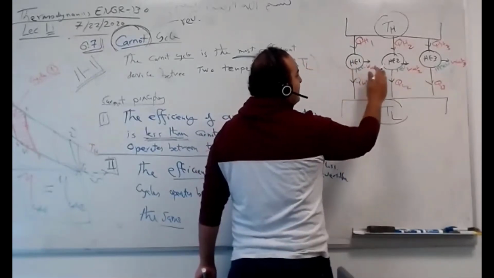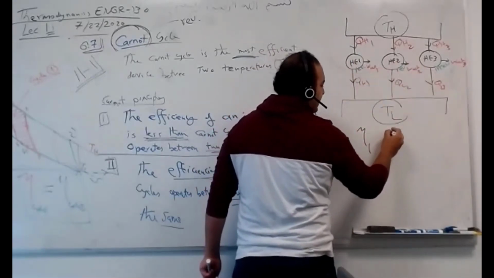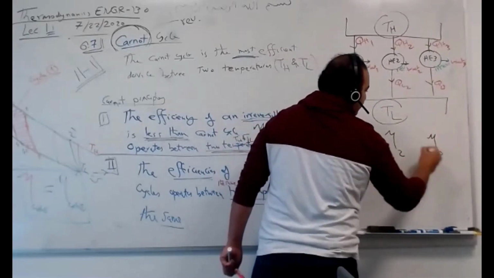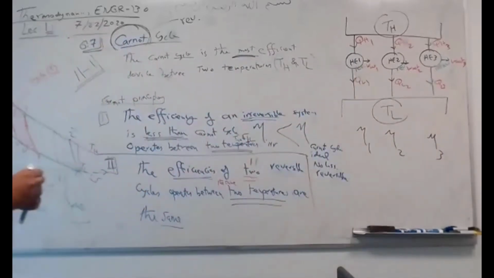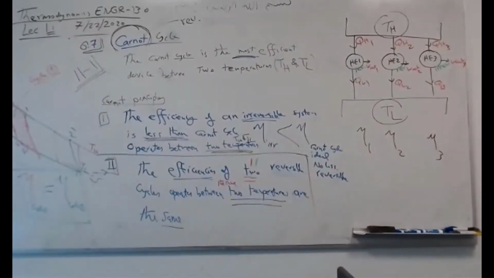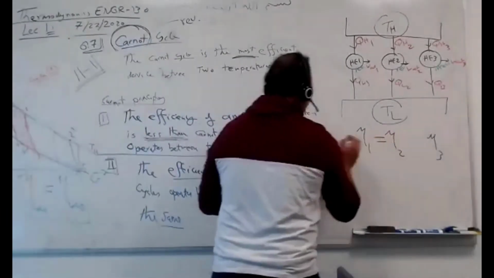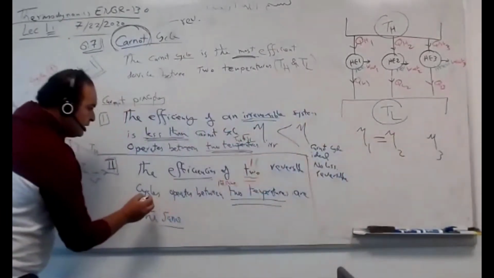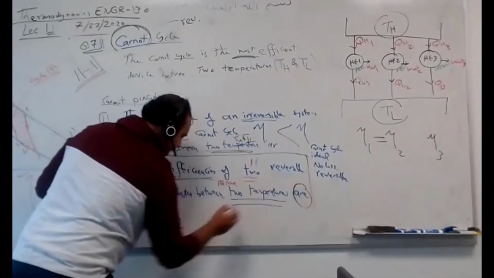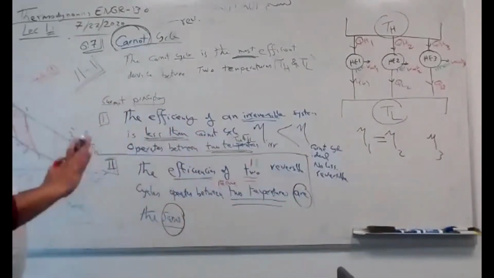What do you think about eta 1, eta 2, eta 3? Eta 1, eta 2, eta 3, guys. What do you think from these principles? What do you think, guys? Eta 1 is going to be equal to eta 2. Exactly. They are reversible. They have the same efficiency, because the same temperatures, and both are reversible.